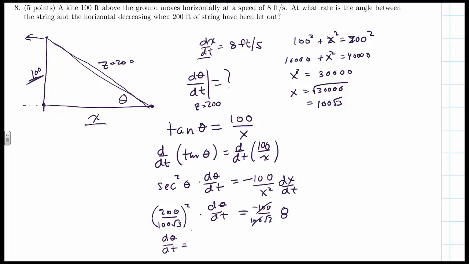This is going to be squared, so I'm going to get 3 times 10,000 over 40,000 times negative 8 over root 3. So all those cancel. This 4 cancels with that, gives me a 2. So it looks to me like I'm going to get negative 6 over root 3, and that would be in radians per second.